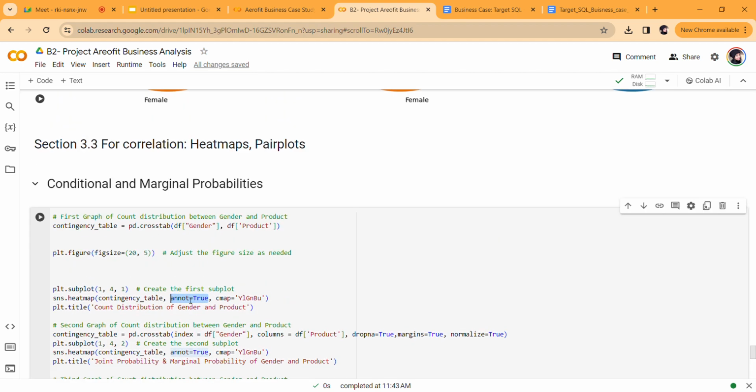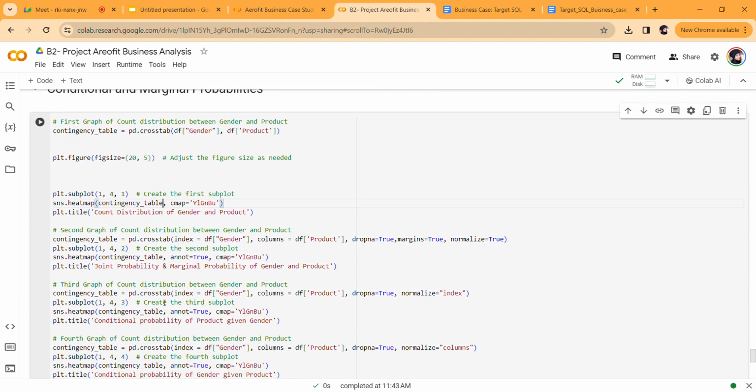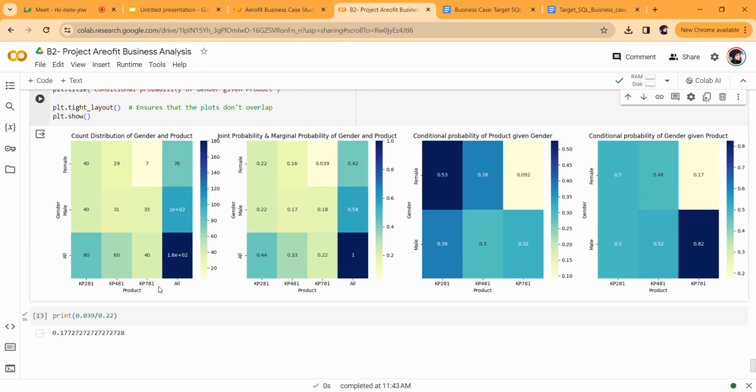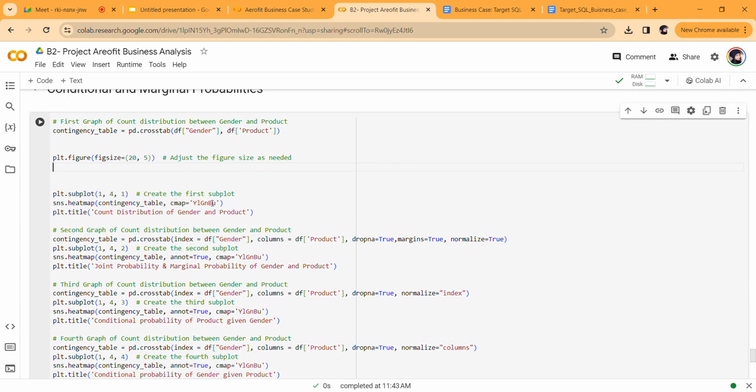If you don't put the annot, let's try removing it and check what we won't be able to get. In the first graph only I am removing the annot. If I remove it, we won't be able to see this data like 80, 40, 31. We'll do that later, and let's run this and see it right now.